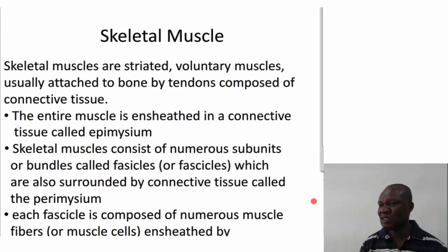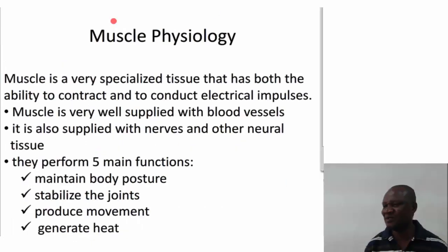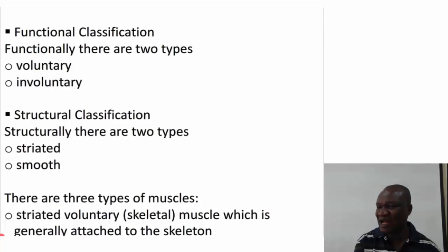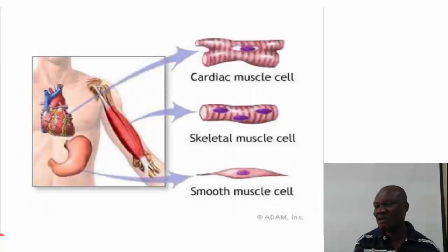Now we're going to look at skeletal muscle. I mentioned the skeletal muscles are voluntary and striated. It is a specialized tissue with the ability to contract. The skeletal muscles are the muscles that attach to the skeleton.